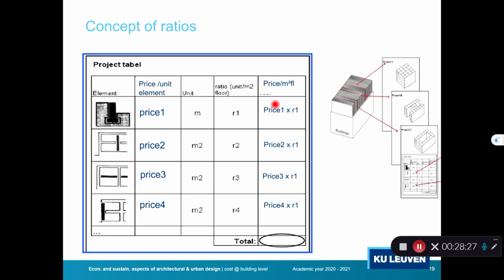It's very difficult to compare the cost of different projects if the floor area differs, because then there's no way of comparing. While if we look at the cost per square meter floor, we can compare the different projects, although the size is different. So this kind of table will be derived for the different projects, and each of your projects will lead to a different table and hence a different cost per square meter floor.